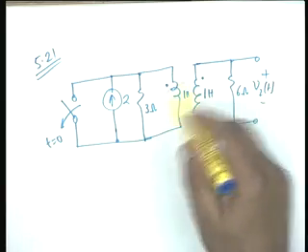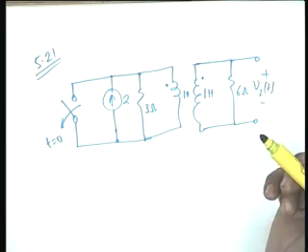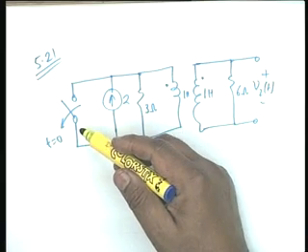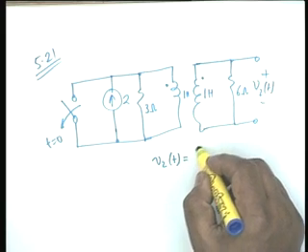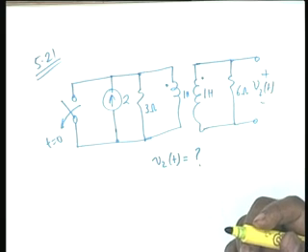For this circuit, for the transformer circuit shown, the switch S opens at t equal to 0. Find the voltage V2(t) for t between 0 and infinity.